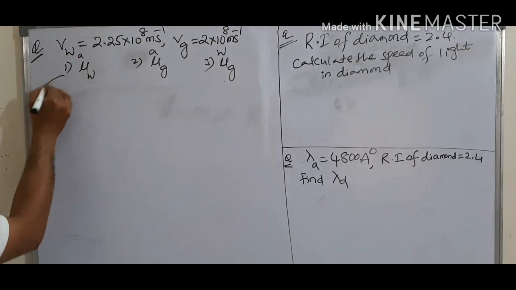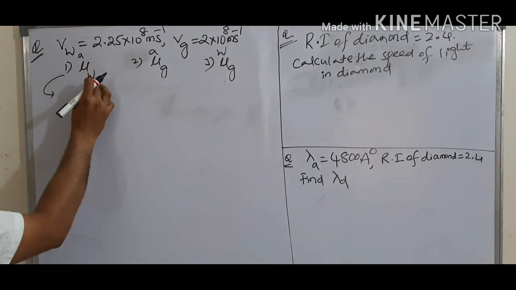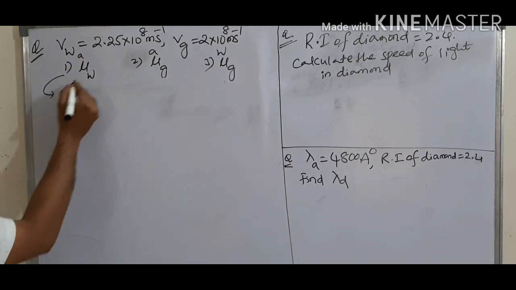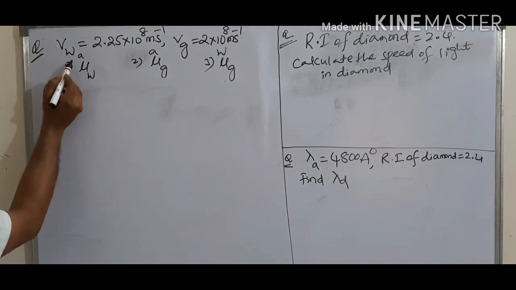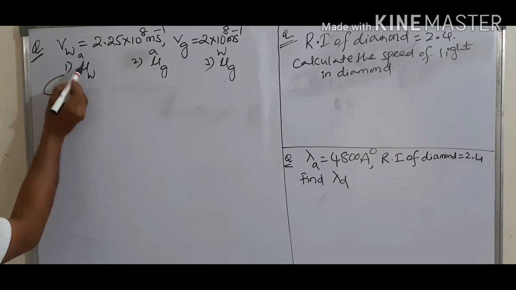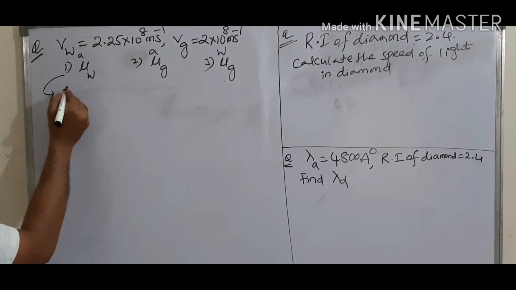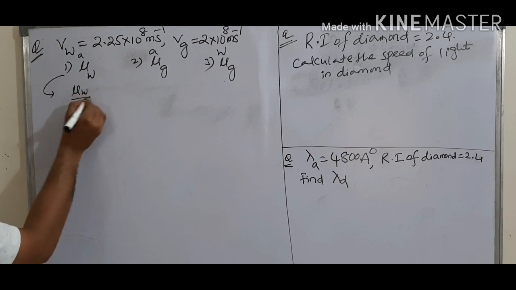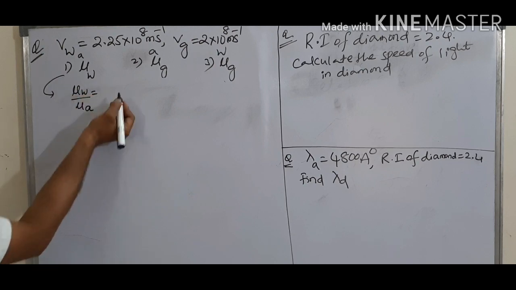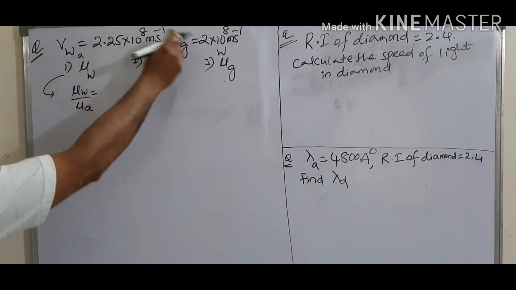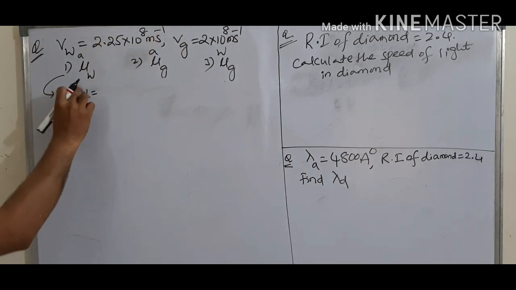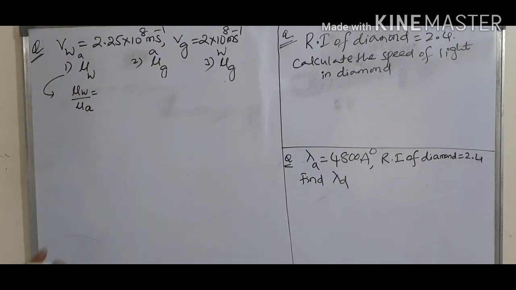First calculate the refractive index of water with respect to A. That means light is traveling from air, entering into water, and light is bending in water. So first write water with respect to A. Data is given in terms of speeds of light, so express these ratios in terms of speeds of light.